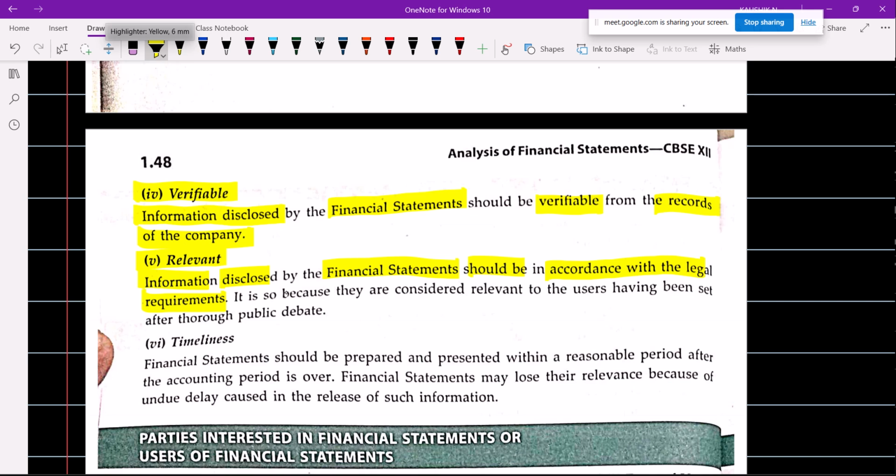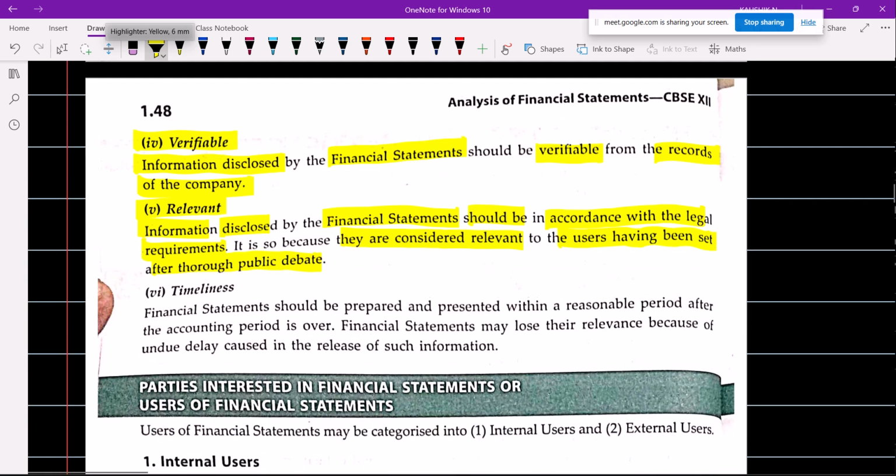They are considered relevant to the users, set after public debate. Whatever is essential for meaningful comparisons, or required as per the norms or legal procedures, has to be mentioned, in compliance with your legal requirements.